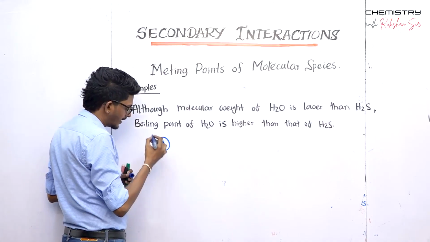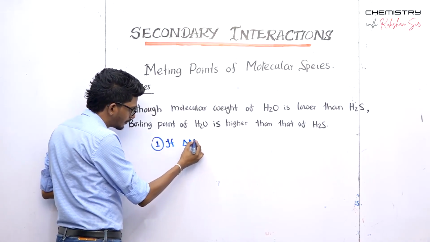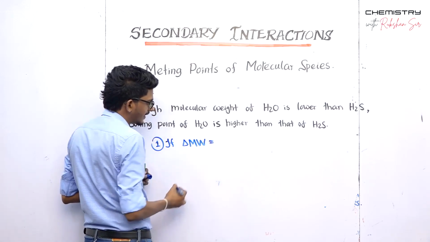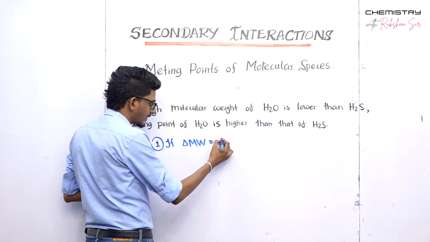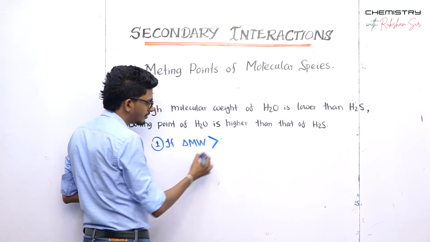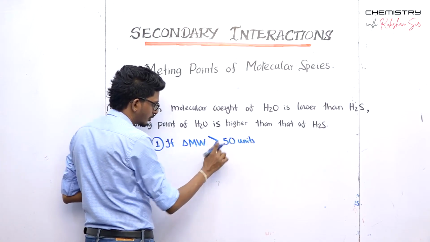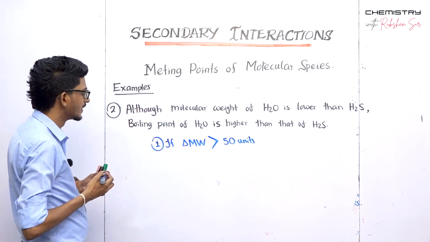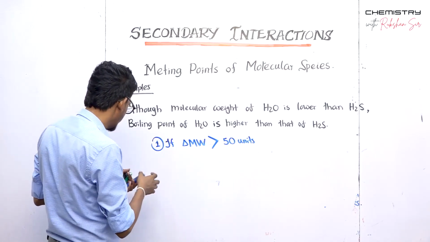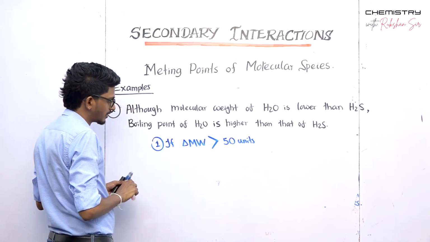If the molecular weight difference, delta MW, is greater than 50 units, normally this could be applied: the molecular weight factor wins, and it will be the one to decide the melting point.